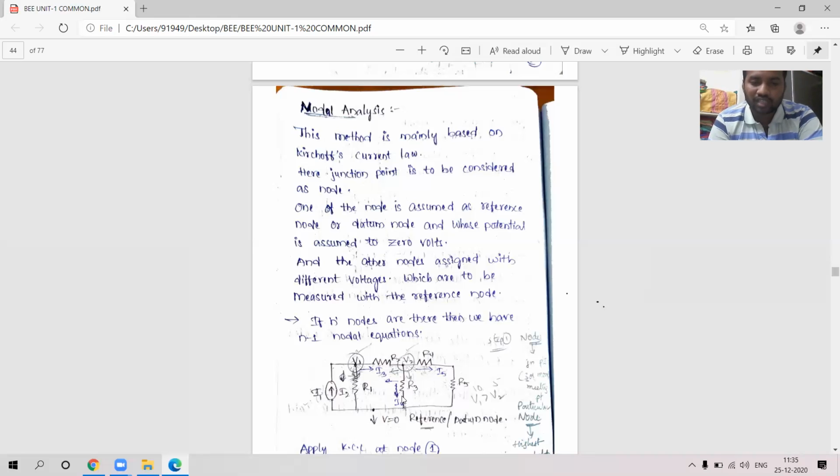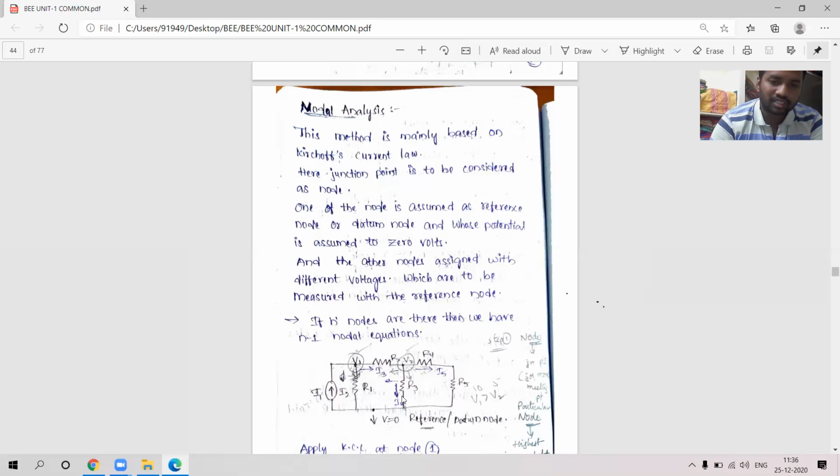Likewise, 3 nodes means 2 nodal equations. 2 equations means 2 unknowns, which can be calculated on the calculator by taking the coefficients of the variables and substituting them to get the values.